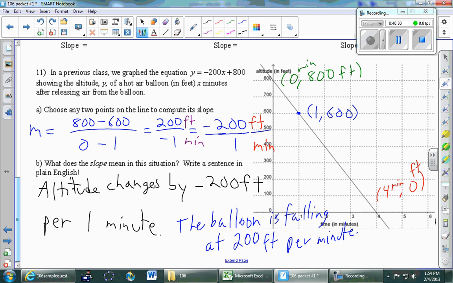No, she traded. I said negative 200, and it was kind of awkward. She made a trade and made it sound much better. The trade was negative really means falling. So you use the word falling, and then you don't have negative anymore. Yeah, then that might be kind of rising. Yeah, and then per minute. It's silly to say per 1 minute. Melanie wrote it better. She said per minute. Let's assume that 1 minute has passed. Okay, any questions on that one?